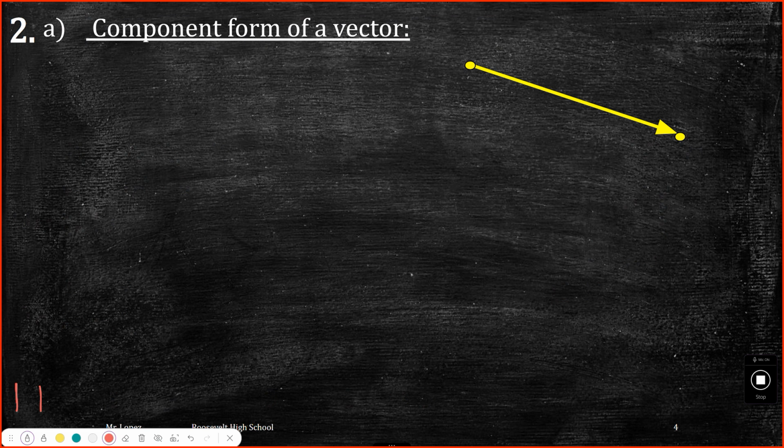So component form of a vector. Say this vector started at negative 3, 2, and the terminal point is at 4, negative 1. Let's find the component form of the vector.